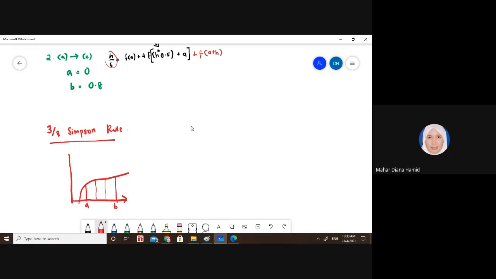So if we refer back to the slides, our equation for the three-eighths rule would be I equals B minus A times fx naught plus 3 fx1 plus 3 fx2 plus fx3, divided by 8.